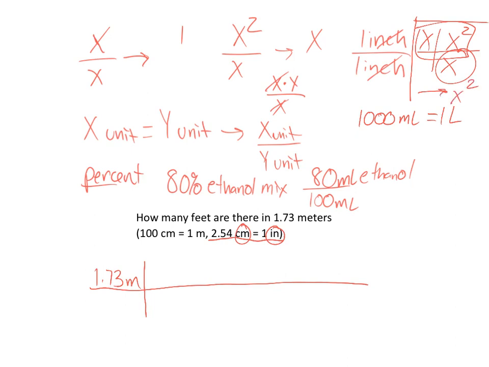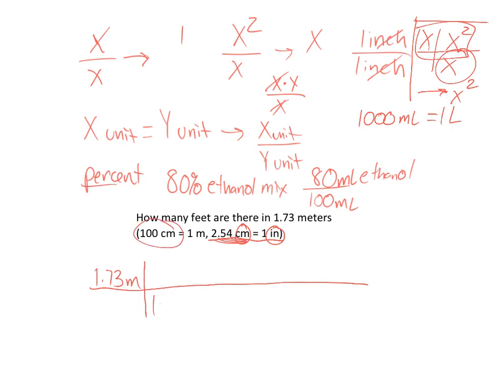It's important to remember that as we move across with these units, the units that are the same on the top and the bottom will cancel out, but the numbers will still have to be multiplied and divided. So if I want to convert into feet here, I'm going to have to go to centimeters first in order to use my conversion here.